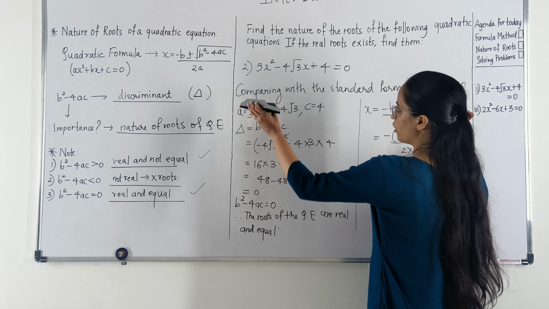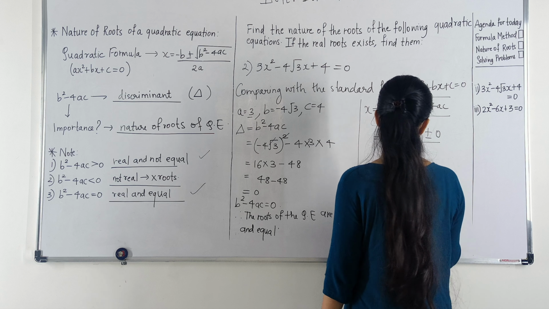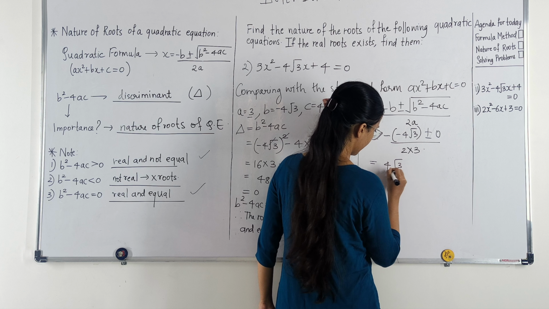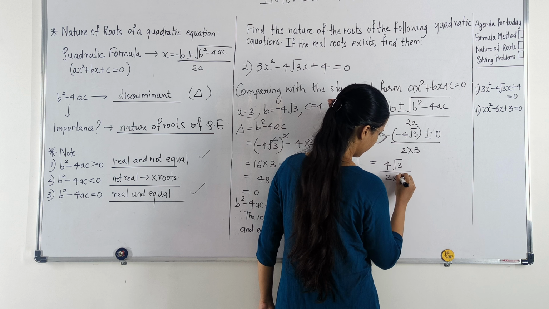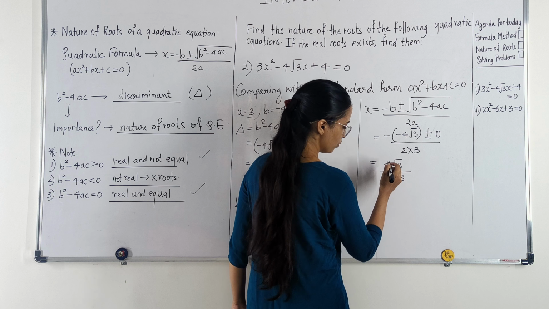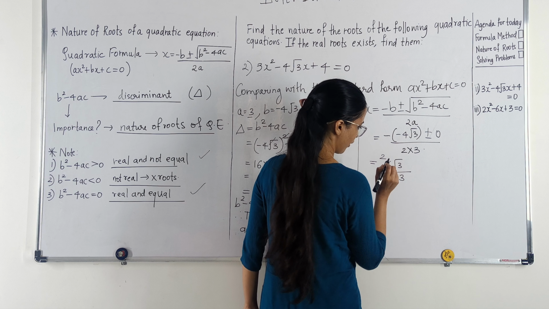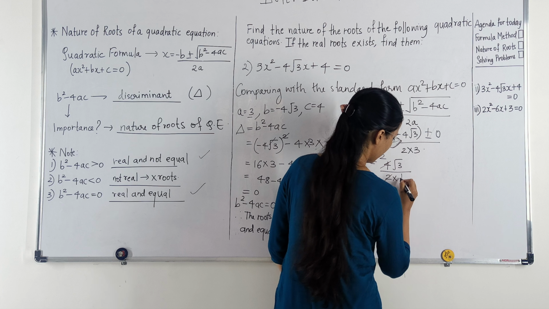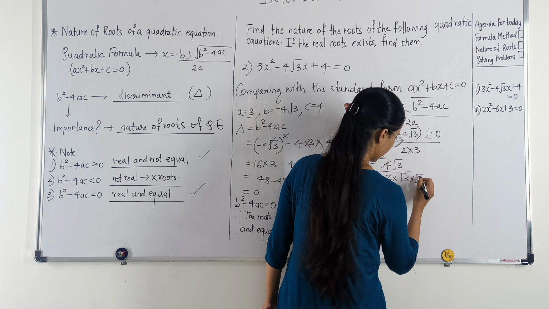2 multiplied by what is a? A is 3, right? So what we get is 4 root 3 upon 2 into 3. Now 2 ones are 2, 2 twos are 4, and we all can write 3 as root 3 into root 3.